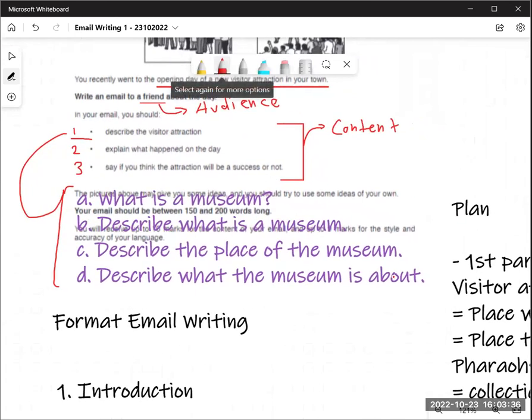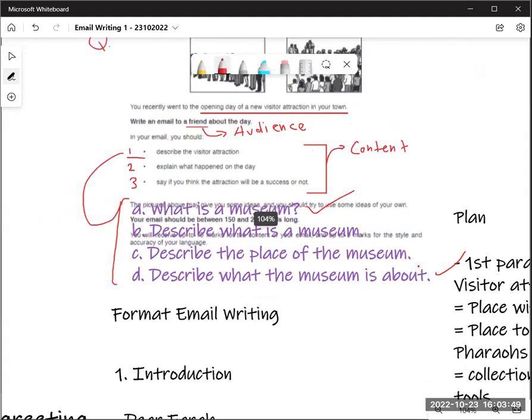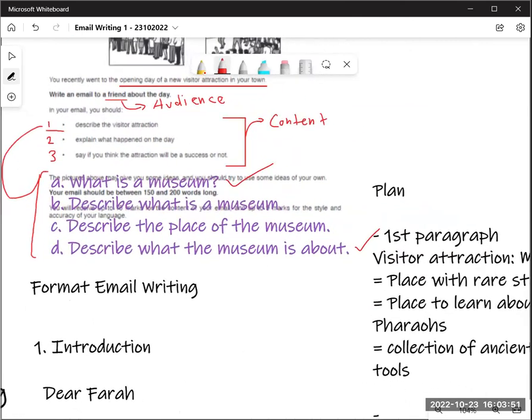Perfect, that's correct. Most of the answers have chosen A or D, but what I would like to tell you is that the main function of your first paragraph has to be to describe the place of the museum.